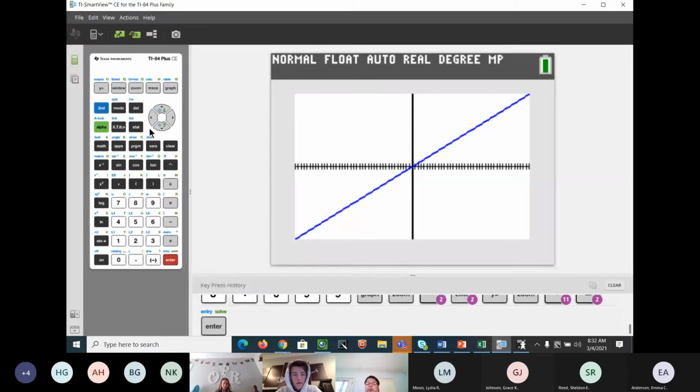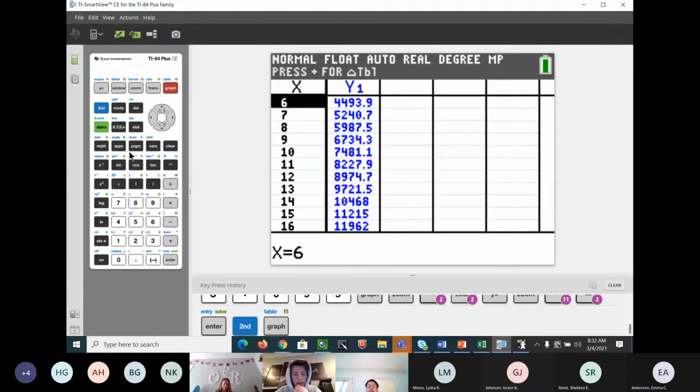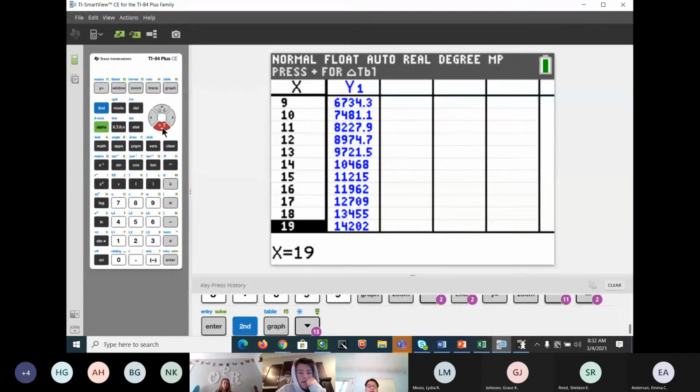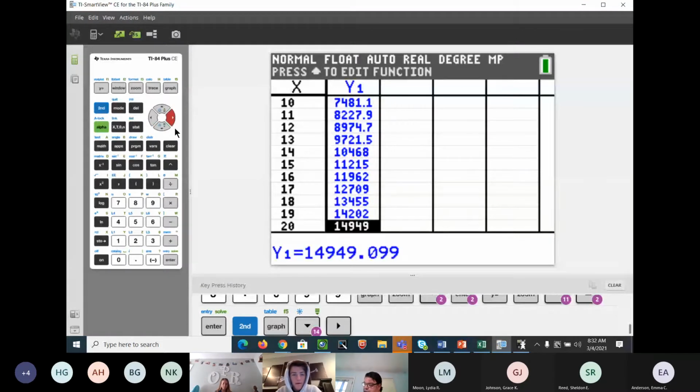All right. So now, if you want to find a value, hit second and go to table. And there are your numbers. I think they asked for 20, didn't they? 20 should be 14,949. So f of 20 is equal to 14,949.